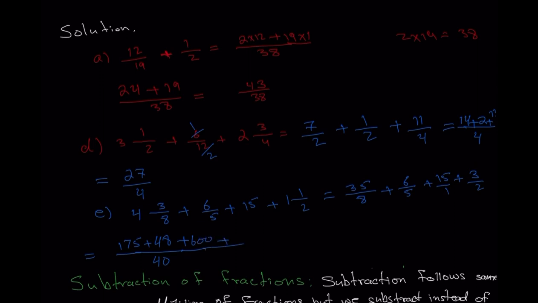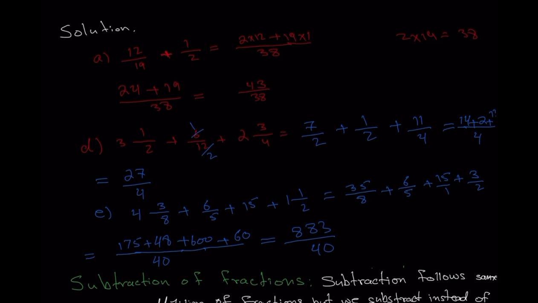Then add this addition sign again. 40 divided by 2 is 20. 20 times 3 is 60. So add these numerators together. 60 plus 600 plus 48 plus 175. It gave me 883 over 40.